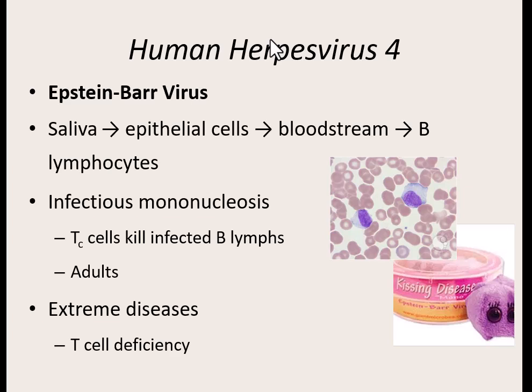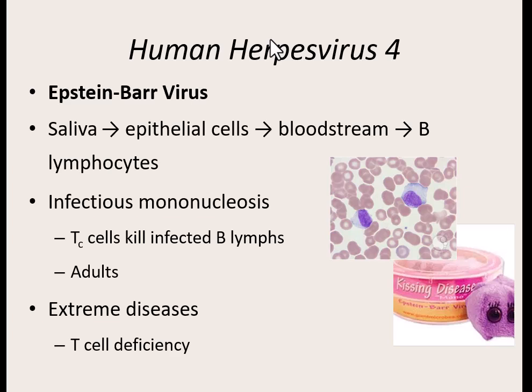These are both cells of the immune system, and one is killing the other. They call it a civil war because it's the same immune system, one cell killing another cell. And because your immune system is under attack and it's killing itself off, this is where you develop all the symptoms of mono. You get super tired, achy, your spleen is enlarged because you've got all these cells that are going there that are getting killed off.